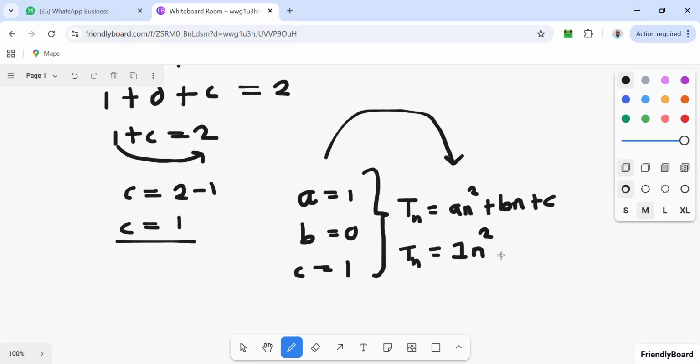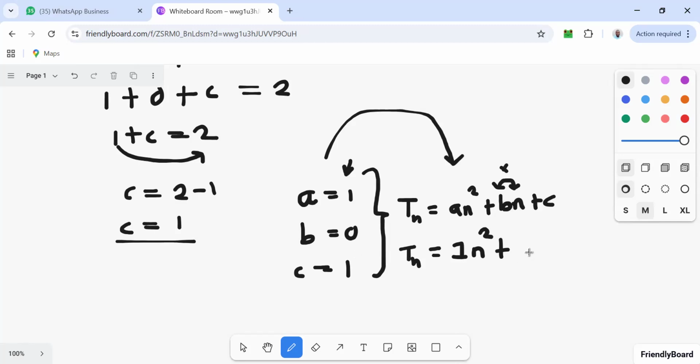Okay. So I've put 1 in the place of A there. All right, then plus Bn. So Bn means B times N.